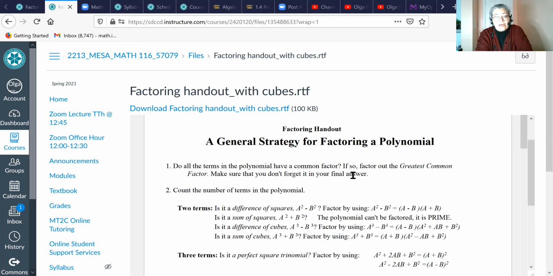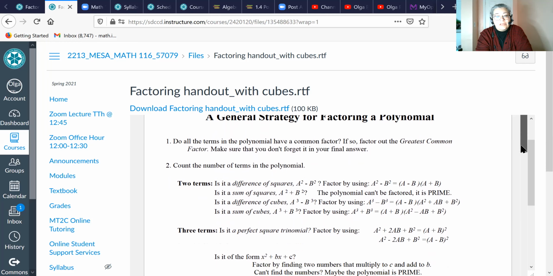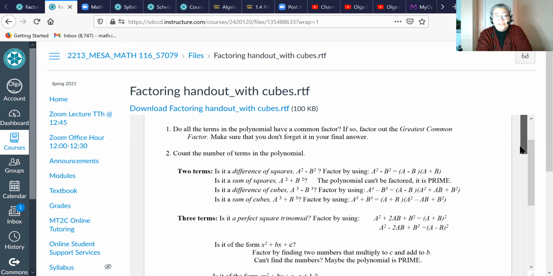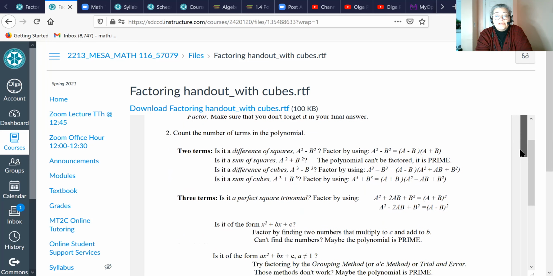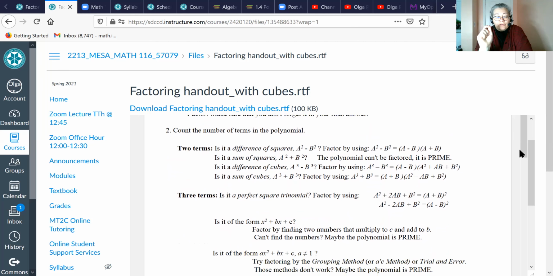After that, your goal is to identify what kind of polynomial you're looking at, because your strategy for factoring will depend largely on that. We have different techniques for factoring different types of polynomials.